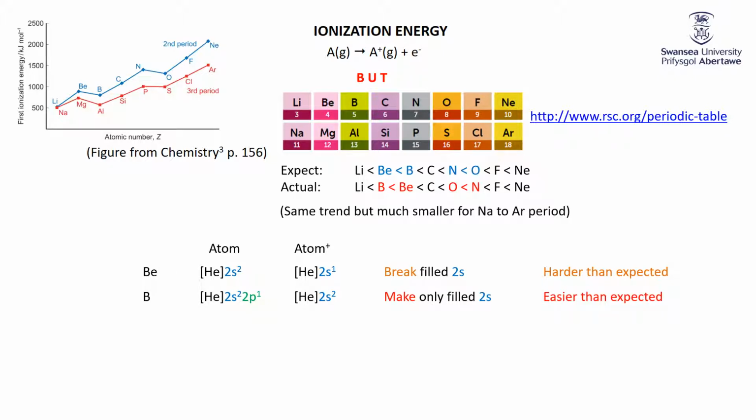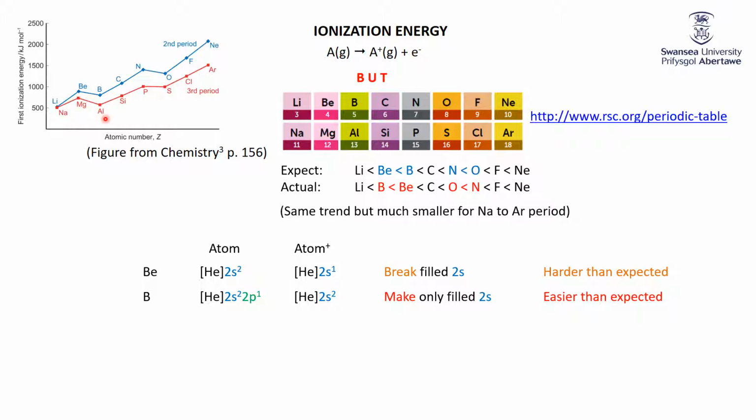Beryllium, harder than expected. Boron, easier than expected. Beryllium, higher than you would expect. Boron, lower than you would expect, to the point that beryllium actually goes above boron. Same idea in the third period. Magnesium, because you've got that filled 3s subshell, breaking it is harder than expected.